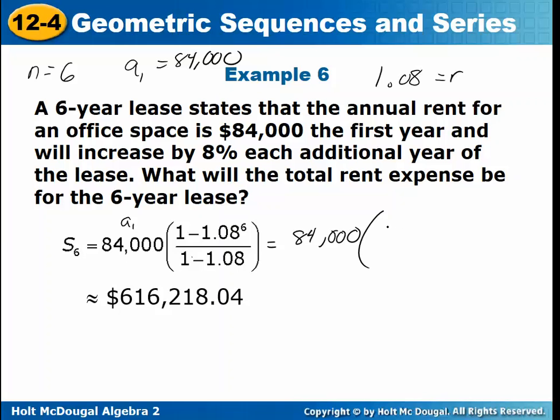So I put that out front, and now I'm going to take 1 minus, okay, I need 1.08 to the 6th power. So I use my calculator and I do 1.08 to the 6th power, and I get, I'm going to write out all of these digits even though there's a lot of them.